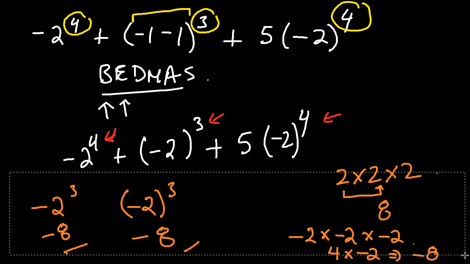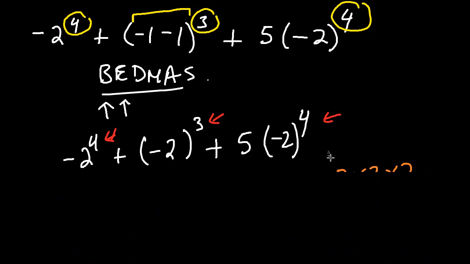So let's erase this. Let's say we had -2^4 and (-2)^4, written like this. So let's first compute this one.